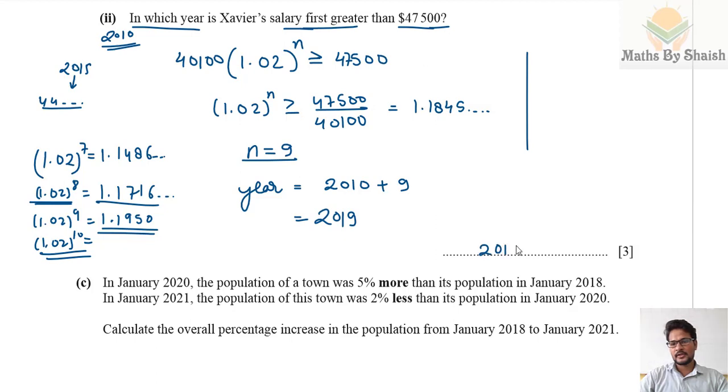So it is 2019, and we can do this with the calculator by using the table. It says f(x) equals 1.02 to the power x, and then we can put the starting value of x from 5 to, let's say, 10, then we will get all the values, and from there we can decide.